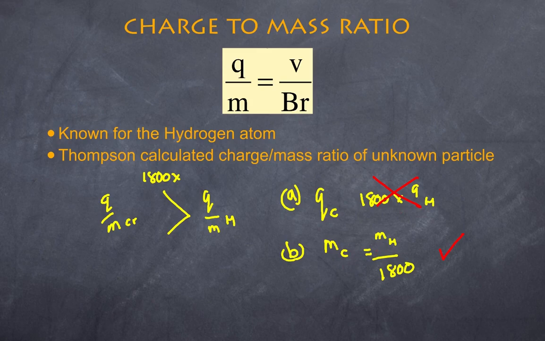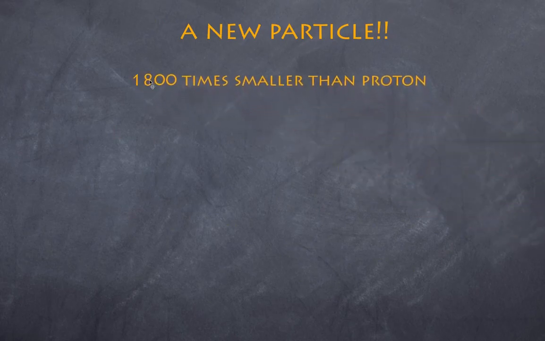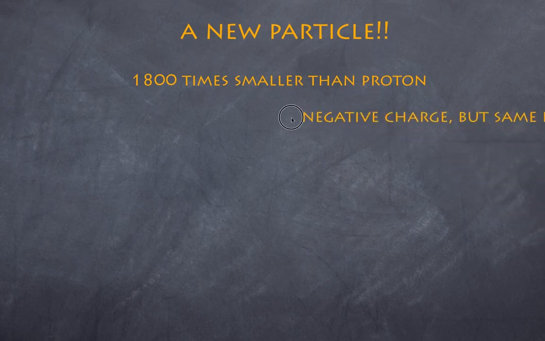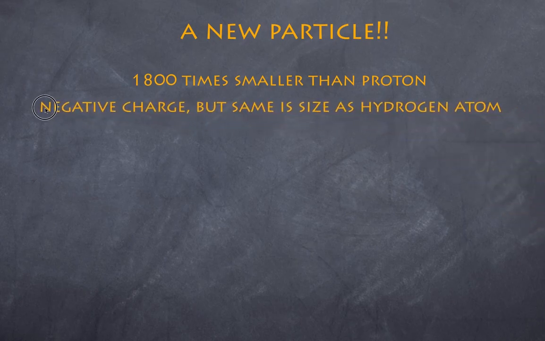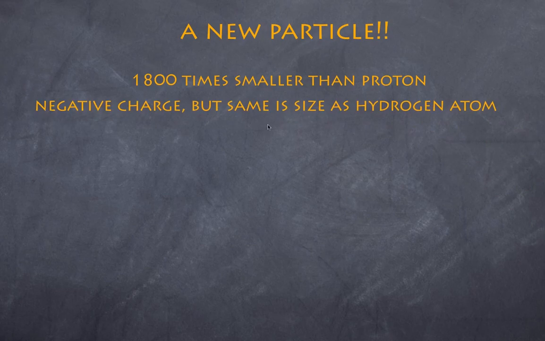So JJ Thomson correctly surmised that we have here a new particle, and this new particle is 1800 times smaller than the proton. Now the proton was discovered, or at least understood, in the early 1920s, but at that time, of course, we know this to be hydrogen. Secondly, whatever this particle is, it is also negatively charged. It has the same size charge as our hydrogen ion.